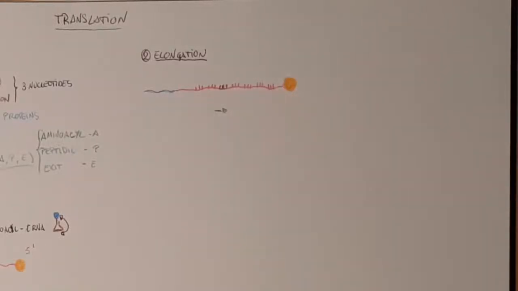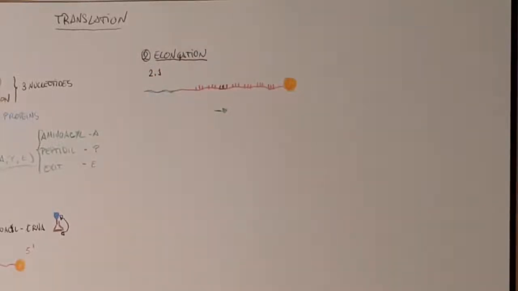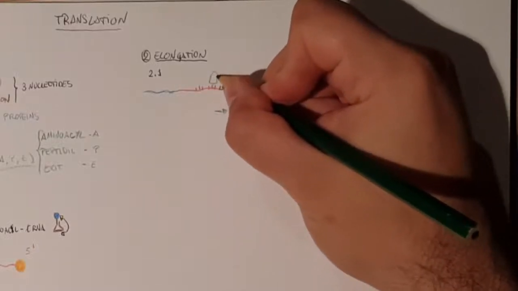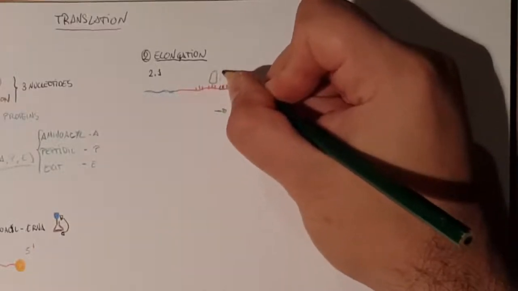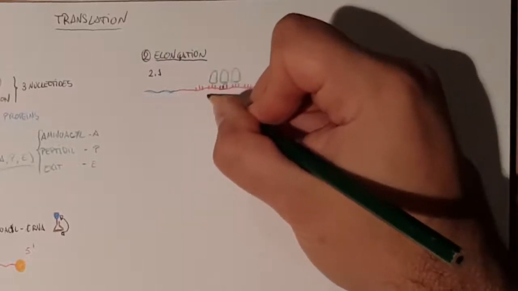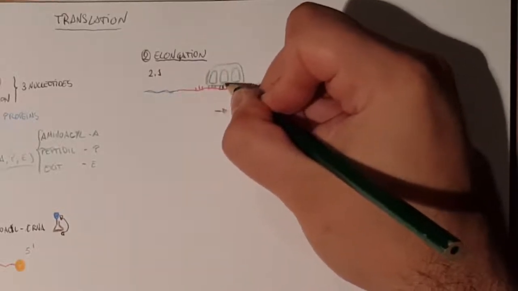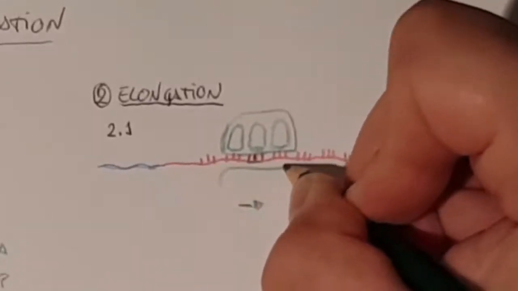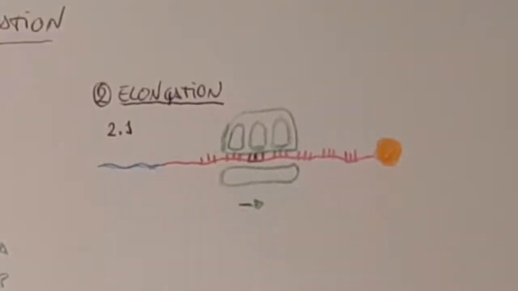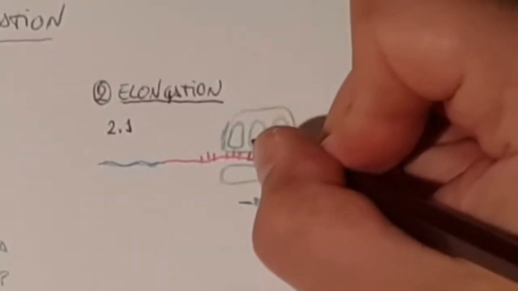This is going to be 2.1. The ribosome moves, so the first amino acid tRNA goes to the peptidyl site. This is super easy, but you have to pay a little bit of attention here. The first amino acid goes here, to the P site, the peptidyl site.